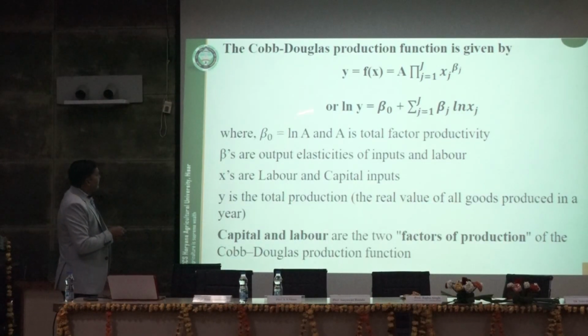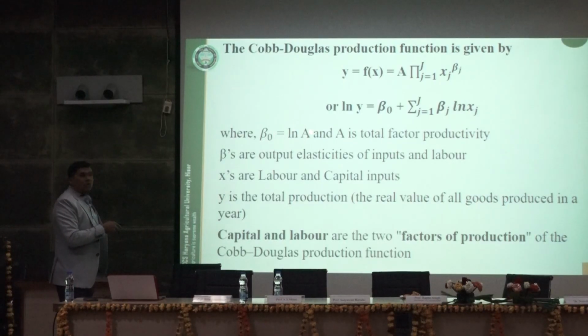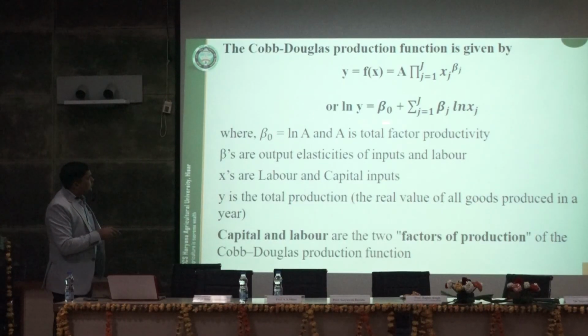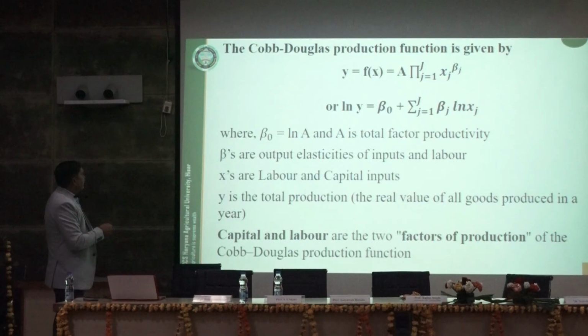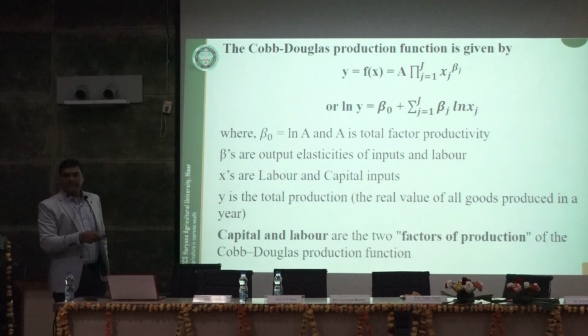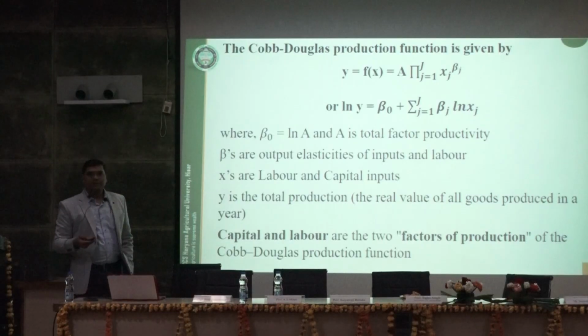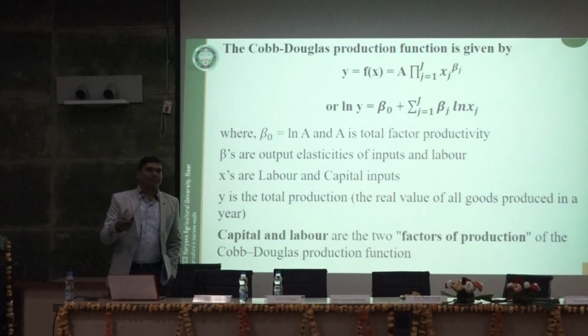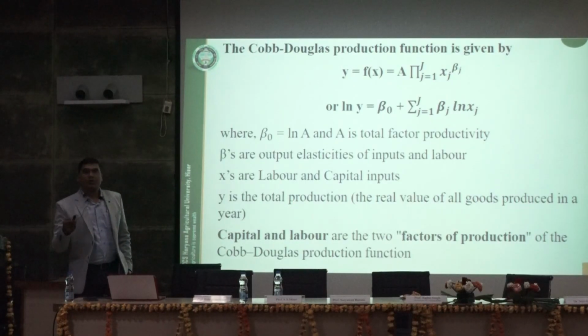So this beta note is the log of A. A means your total factor productivity, and the other beta_j's are the output elasticities of the inputs. These x_i's are the labor and capital inputs, or it may be anything. For example, we will discuss the production of milk.